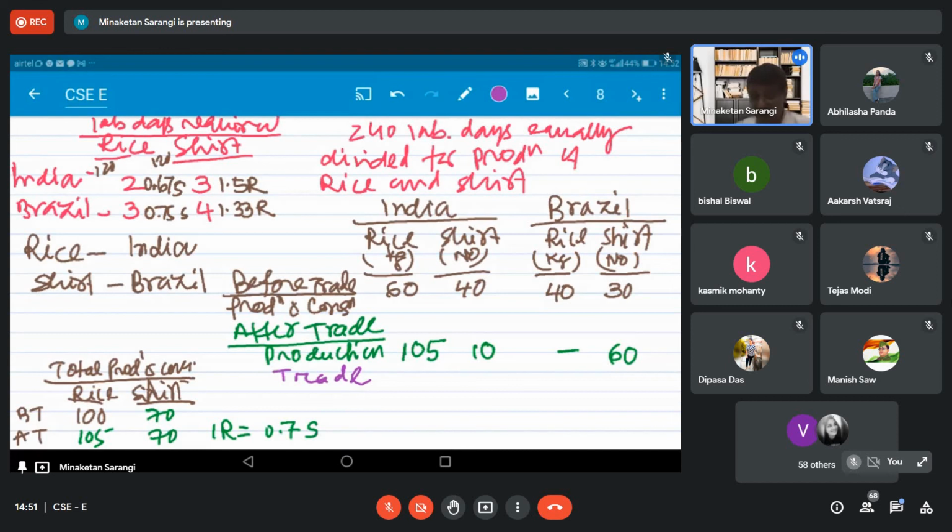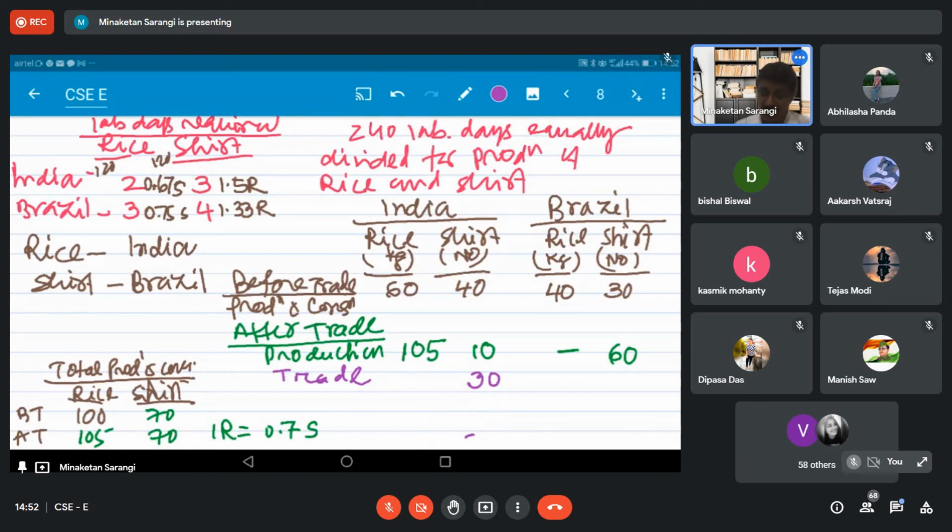We'll take it the other way. India requires a minimum of 30 sats. For 30 sats, how much rice will it give? 0.7 S is equal to 1 rice. So 30 sats will be how much rice? 30 divided by 0.7.